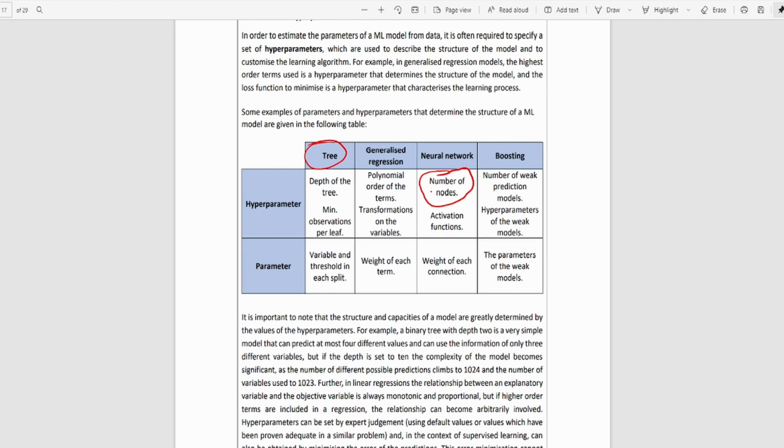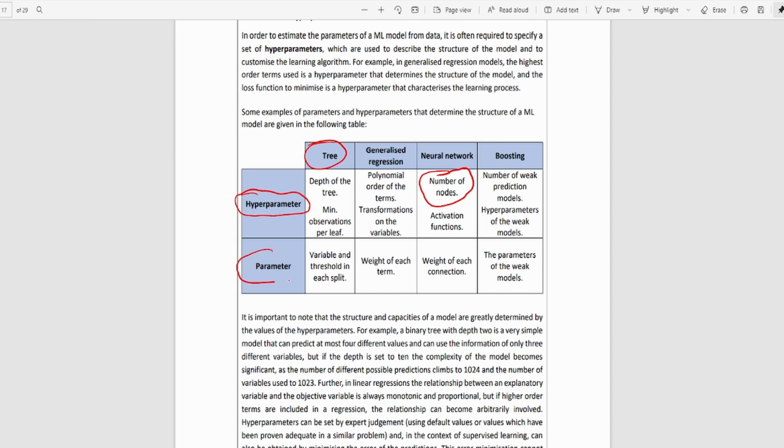However, it's difficult to write down how you came up with the best number of nodes or the optimal number of nodes for your neural network. So decision on hyperparameter is a big challenge, and I agree that it's difficult to argue what is the best hyperparameter for a given model.